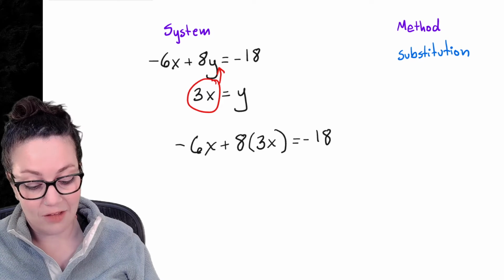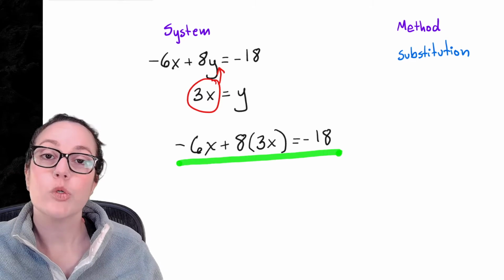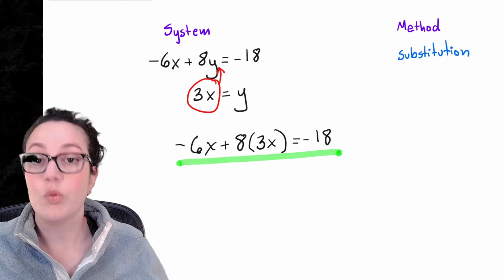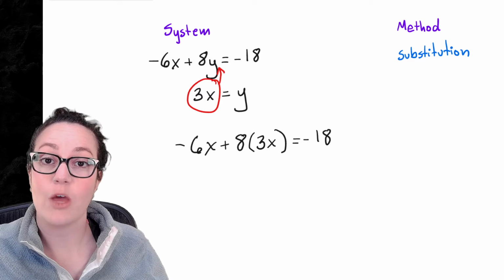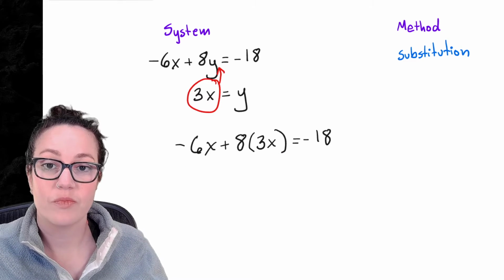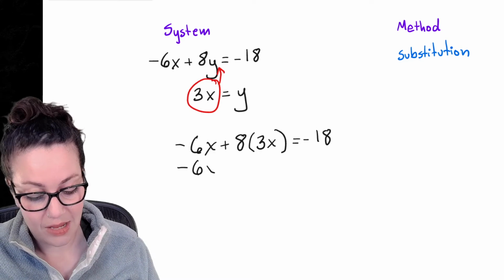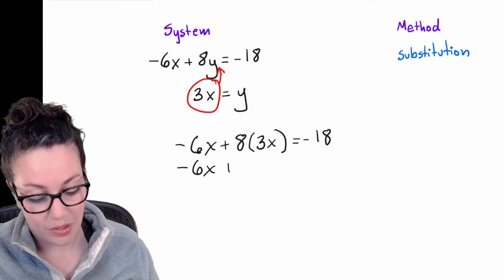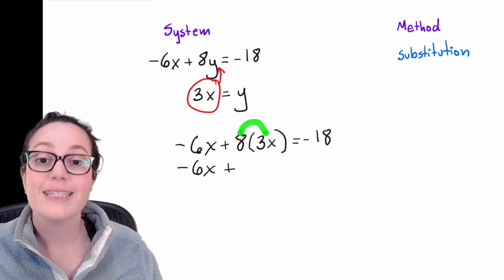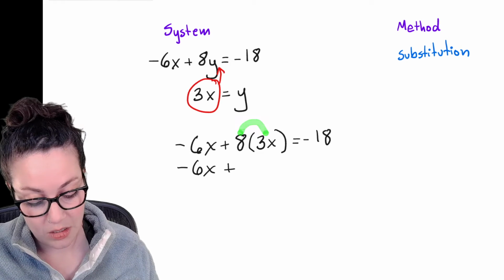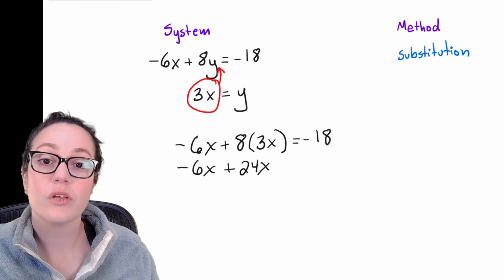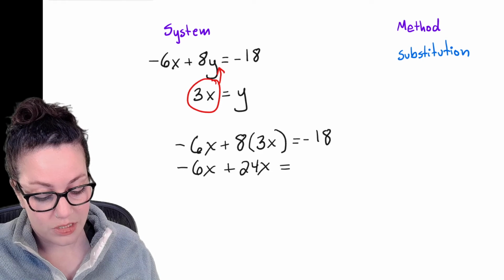Now we have one equation, but there's only one variable. So we can solve for x. We can find out what the value of that variable is. All right, one step at a time. Negative 6x plus 8 times 3x, which will be 24x, is equal to negative 18.